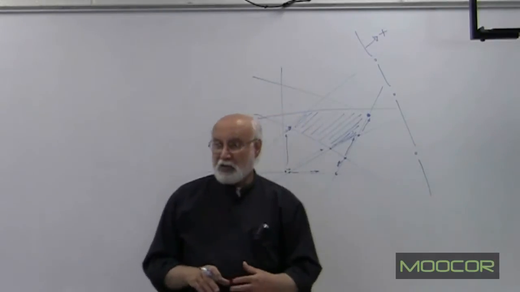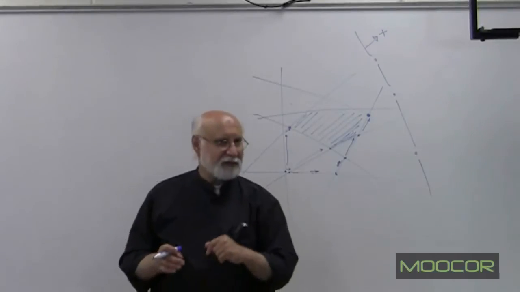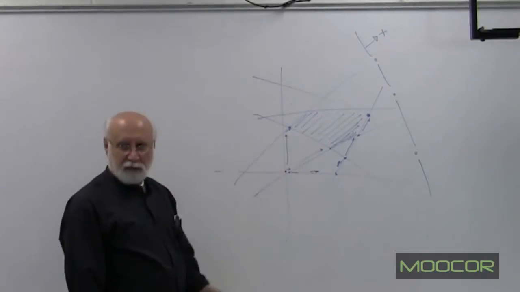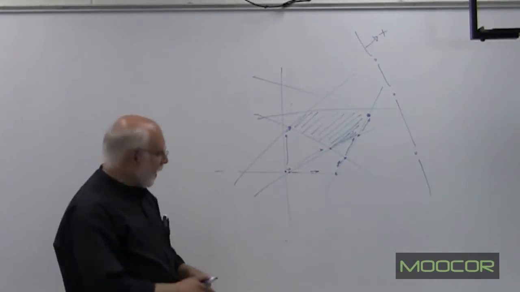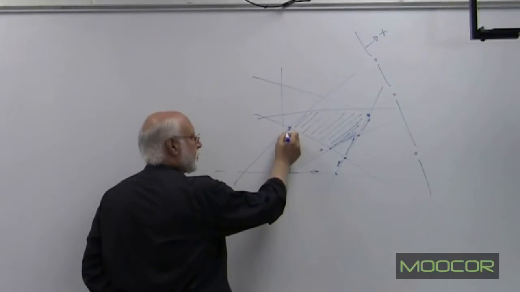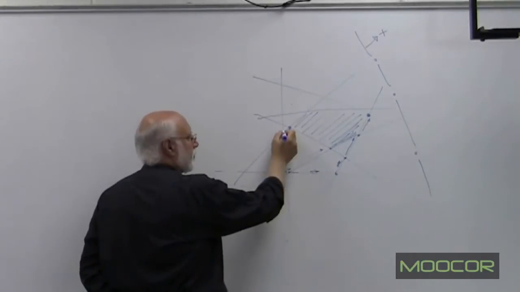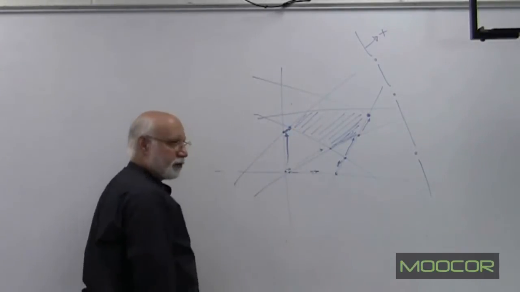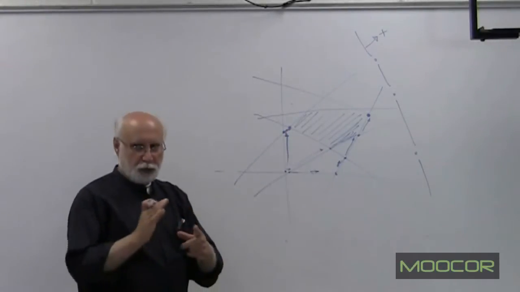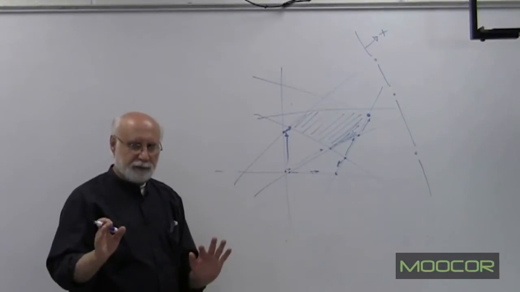Now, the other problem with the big M is this. Let's say that I started big M and I actually went from this point up to this point, and from this point to that point. So in two tableaus, it became feasible.